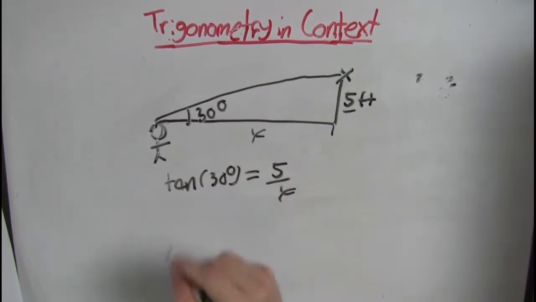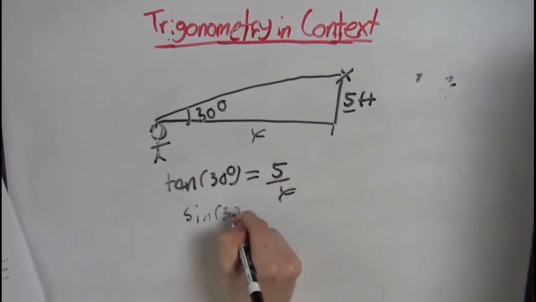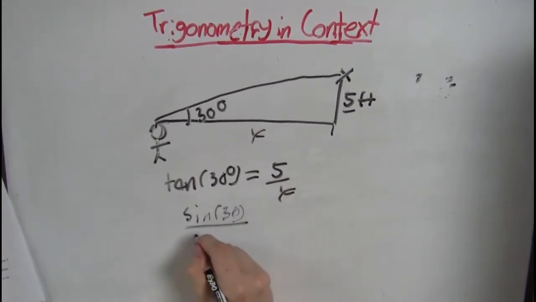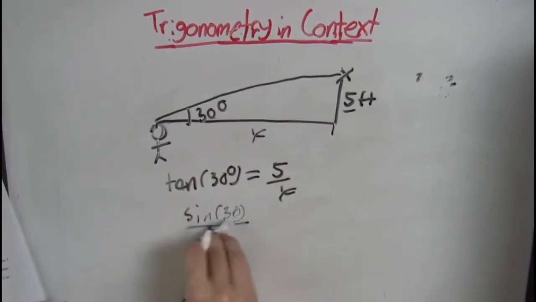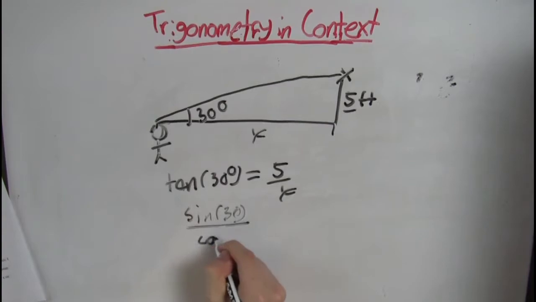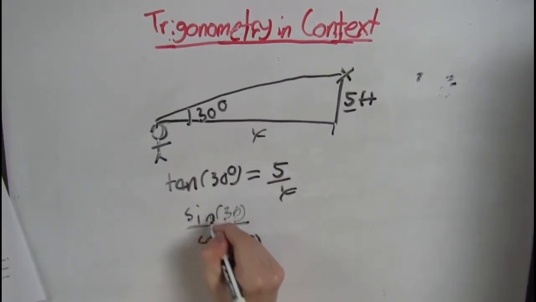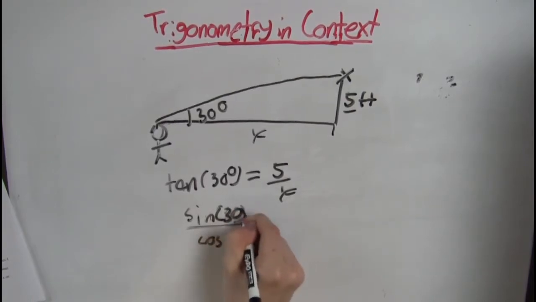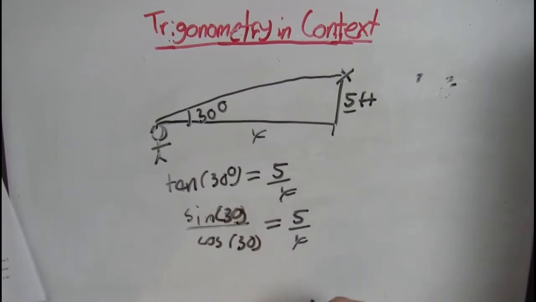But the tangent of 30 is also the same thing as the sine of 30 over the cosine of 30, not the sine of 30, cosine of 30. Which is also equal to 5 over x.